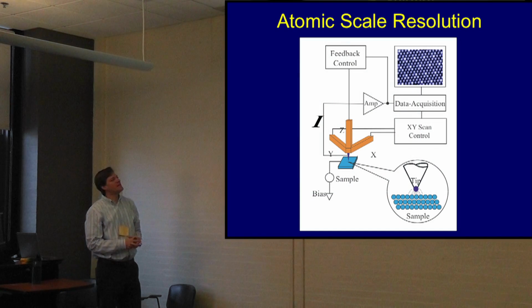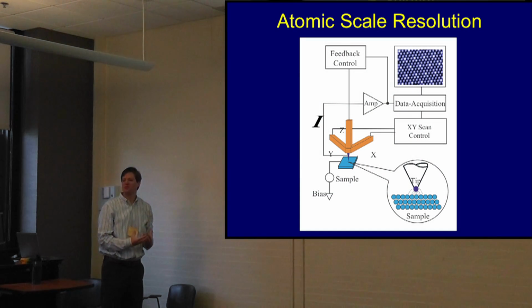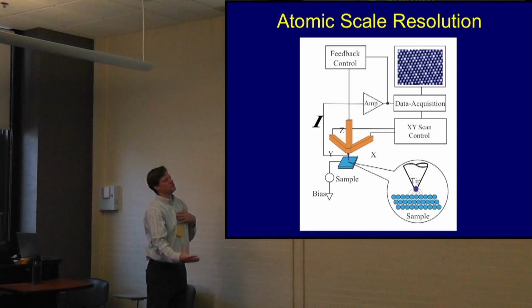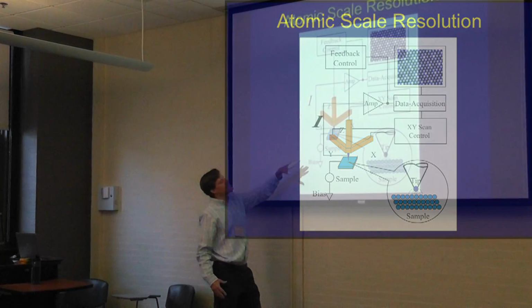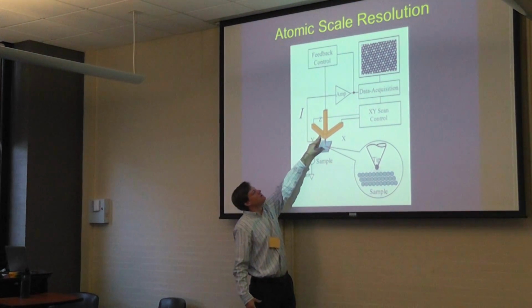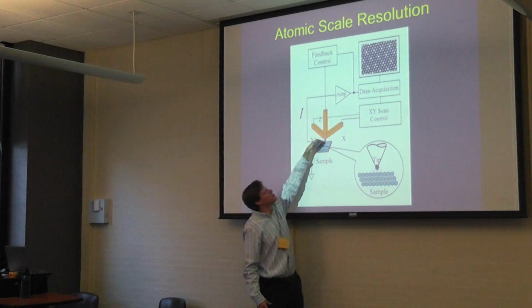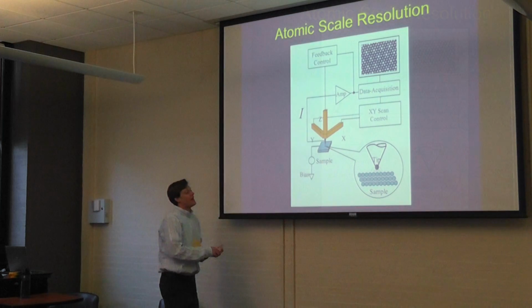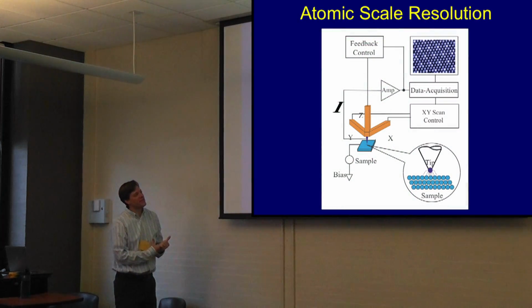It's made out of a piezoelectric material. I don't know if you've ever heard of a piezoelectric material. It's a material that when you apply a voltage to it, it will move back and forth. It will shear or distort in one direction. So you can apply, in a very controlled fashion, voltages on your scanner to move your tip across the sample and actually scan across your sample.